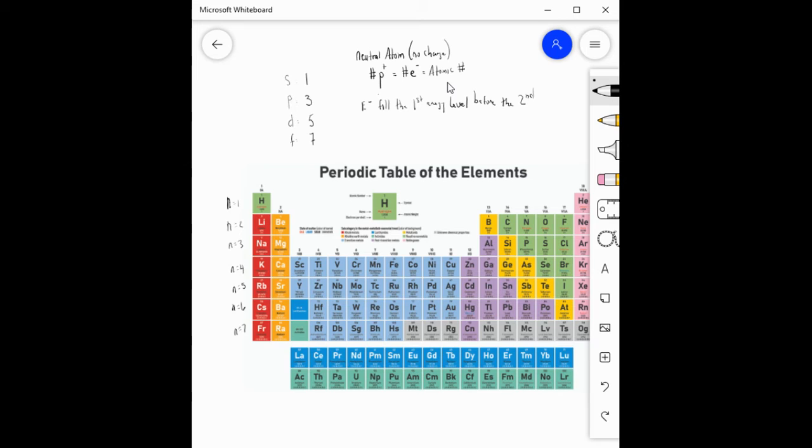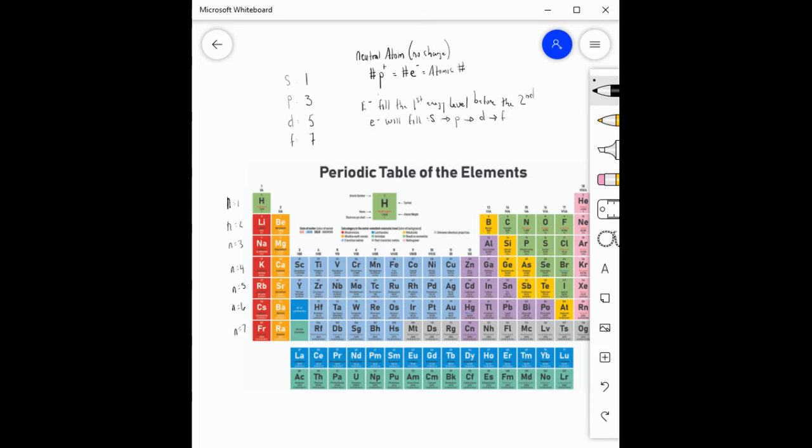So electrons fill the lowest energy level before they move on to higher ones. This means that electrons will fill in this order: S, then they'll go to the P, then the D, and then they'll start filling the F.